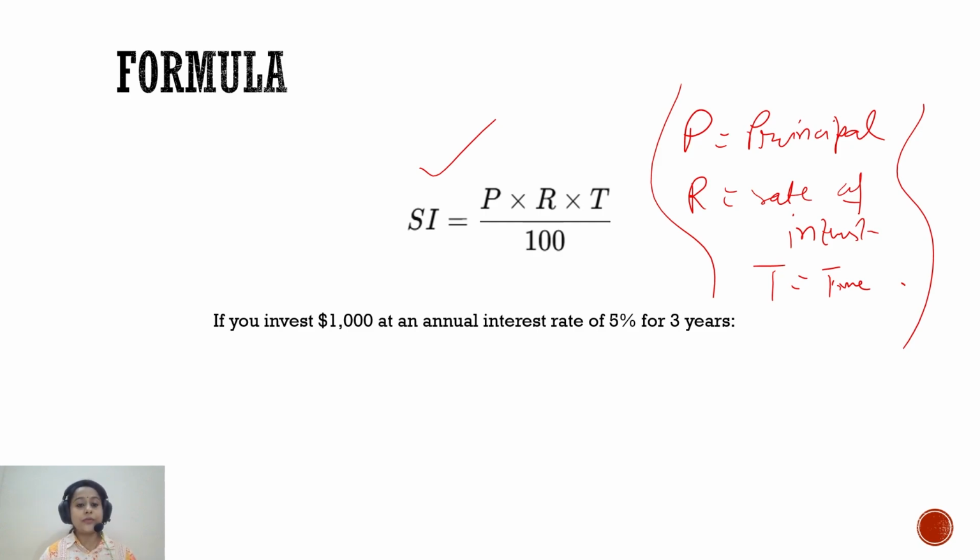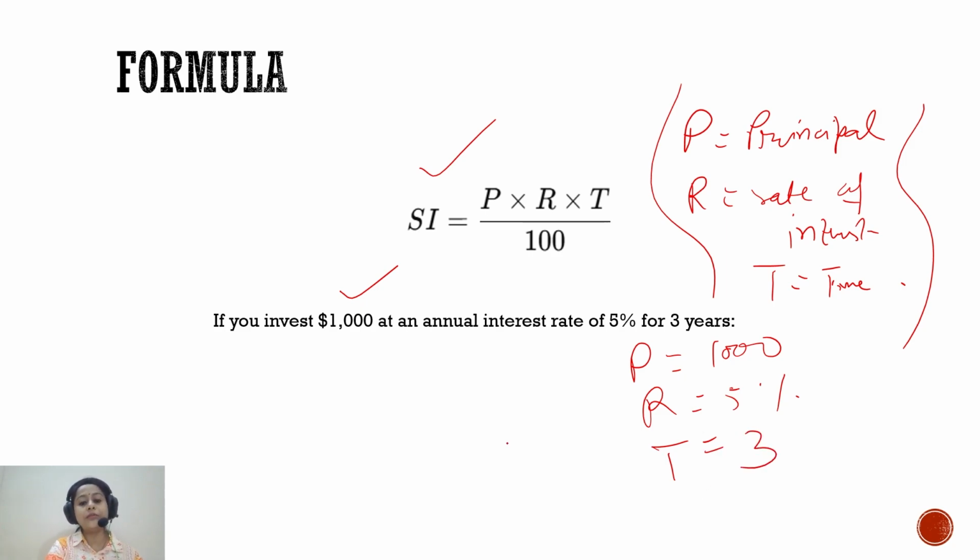So I have a problem also. If you invest 1000 at an annual interest rate of 5% for 3 years, what will be your simple interest? It is very easy. Here P, the principal amount, is 1000. The annual interest rate R is 5%, and time is 3 years. Let me apply this in the formula.